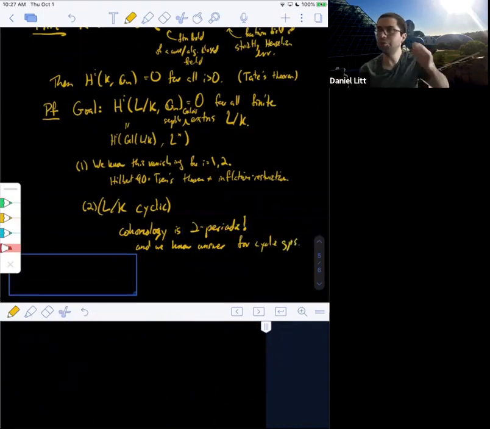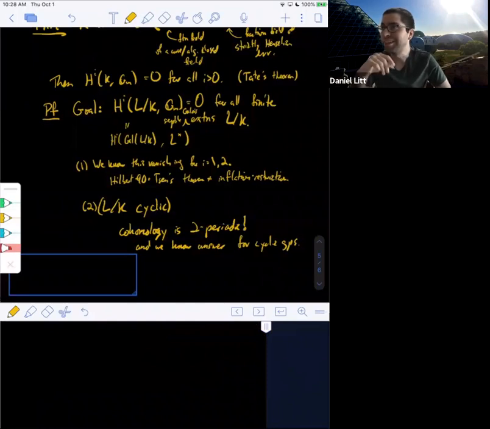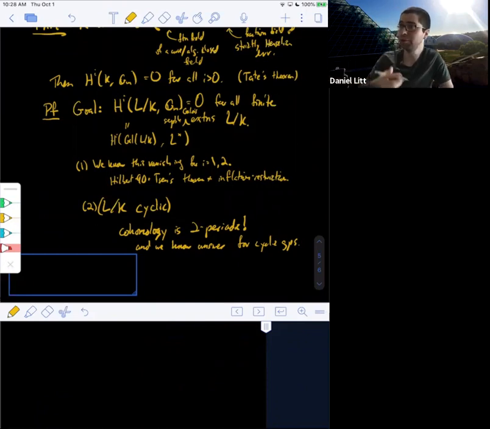Does anyone know why the cohomology of cyclic groups is 2 periodic? It's not a tautological fact. I mean, it's not at all obvious. So the reason why is, how do you compute cohomology of a group? What you need to do is write down a resolution of the trivial G module Z by free G modules, so by copies of the group ring.